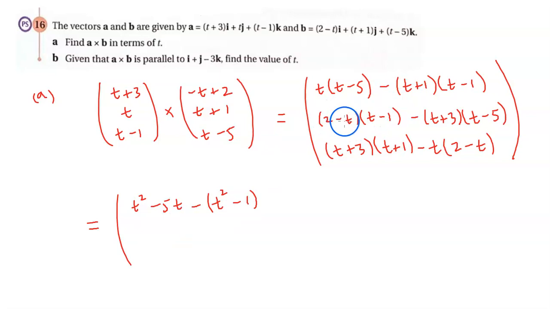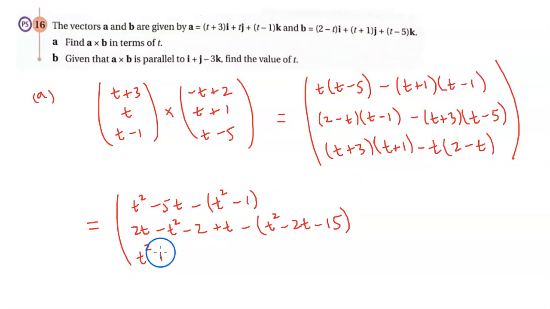And then it's 2t minus t squared, and then minus 2 plus t, and minus t squared plus 3t minus 5t, so minus 2t, and then minus 15. Okay, and then t squared plus 4t plus 3 minus 2t plus t squared.